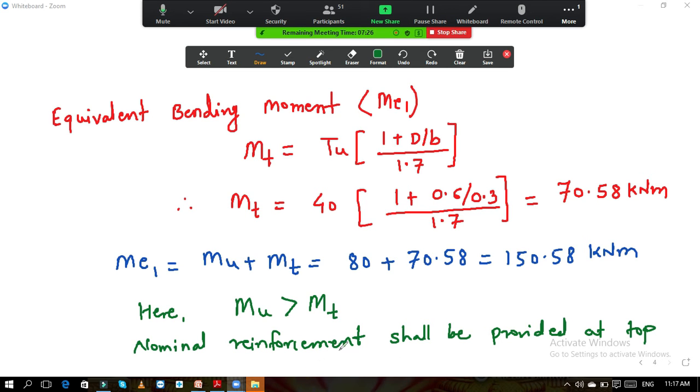So at top we can provide 2 bars of 12 mm or 2 bars of 10 mm. Okay, so we can go for 2 bars of 12 mm. As there is no need to calculate ME2, we can provide the nominal reinforcement at the top.